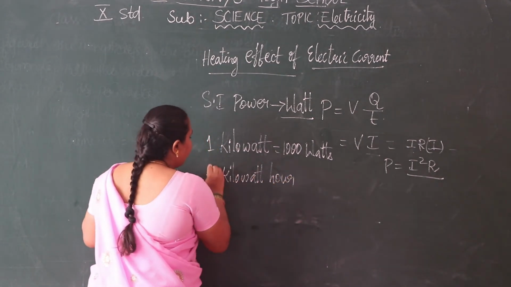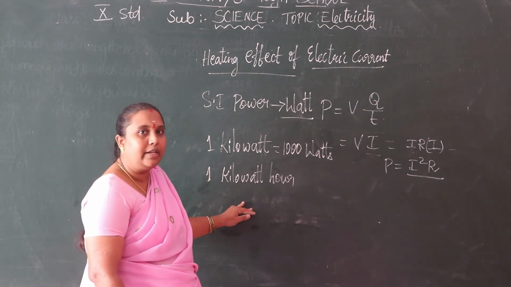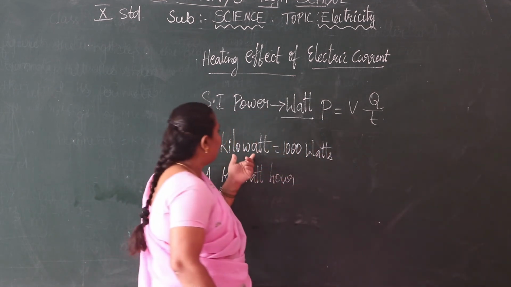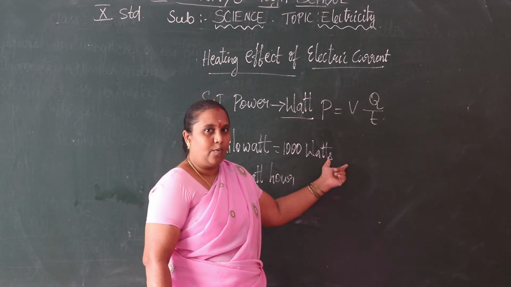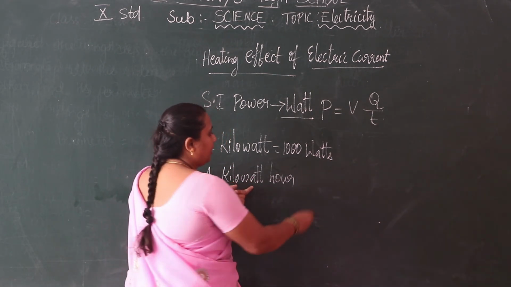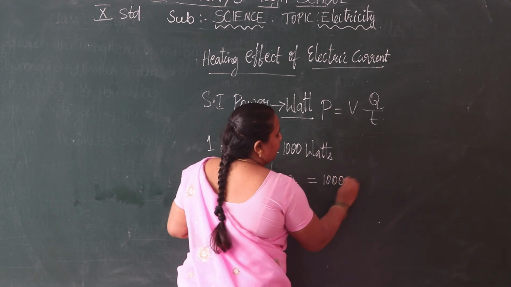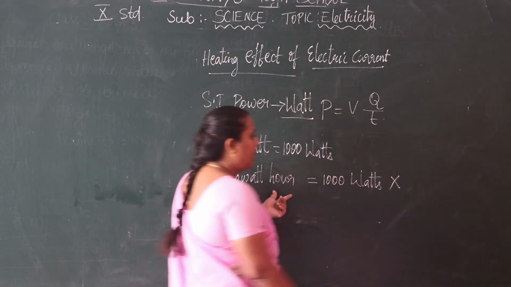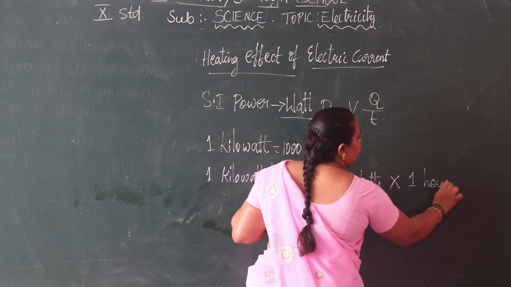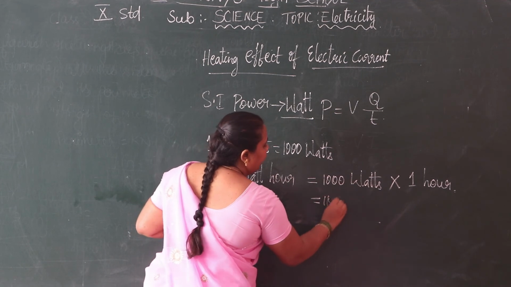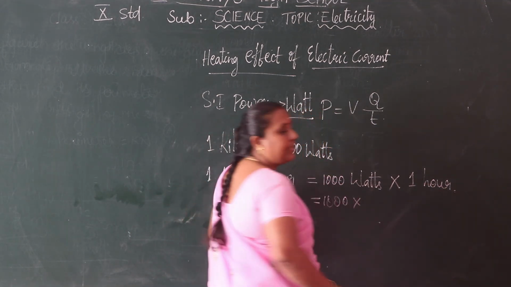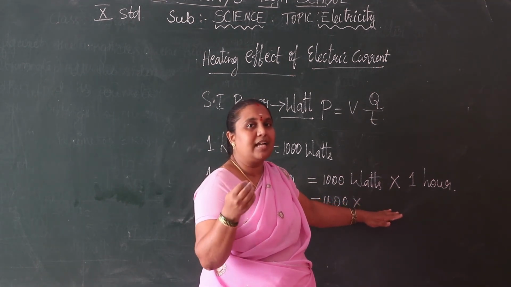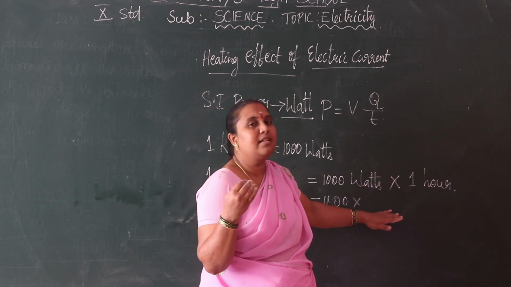How to calculate 1 kilowatt hour? As I told already, 1 kilowatt equals 1000 watts, into 1 hour. Wherever we calculate time, what is the SI unit of time?